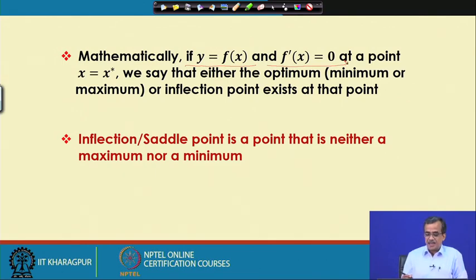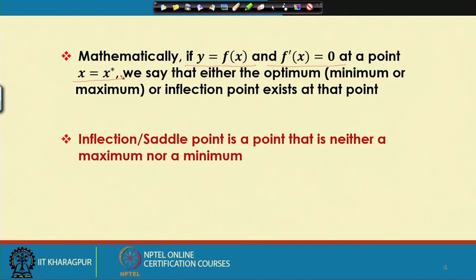Now, we solve for x, supposing that we are getting x equals to x star. Now, at x equals to x star, there could be either optimum solution or there could be inflection point. Now, this optimum solution means it could be either the maximum or the minimum. Now, by inflection point we mean this is neither a maximum nor a minimum.